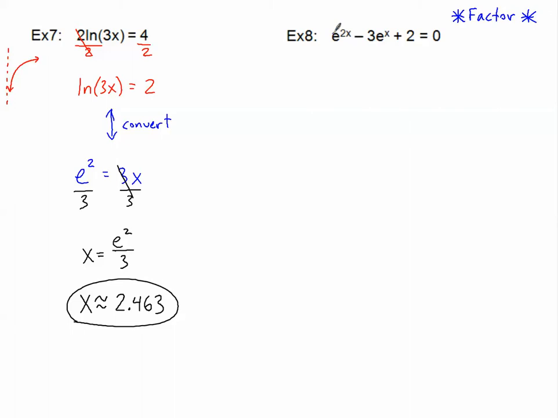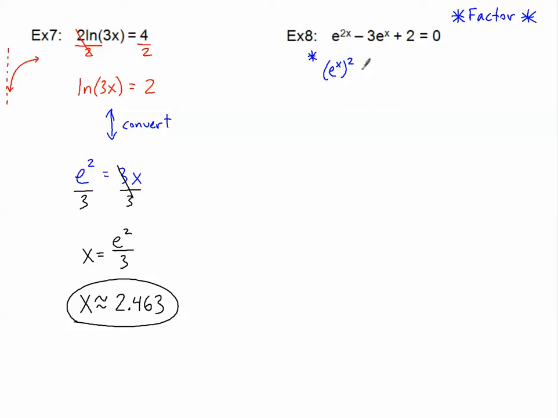And the key is understanding really what this e to the 2x represents. That really is e to the x squared. And that's kind of the key to this one. Understand that when we have e to the x squared, we're multiplying the exponents. That's why it is 2x.